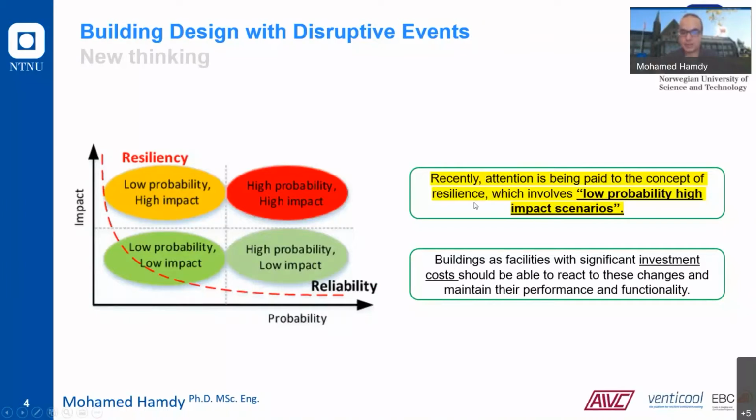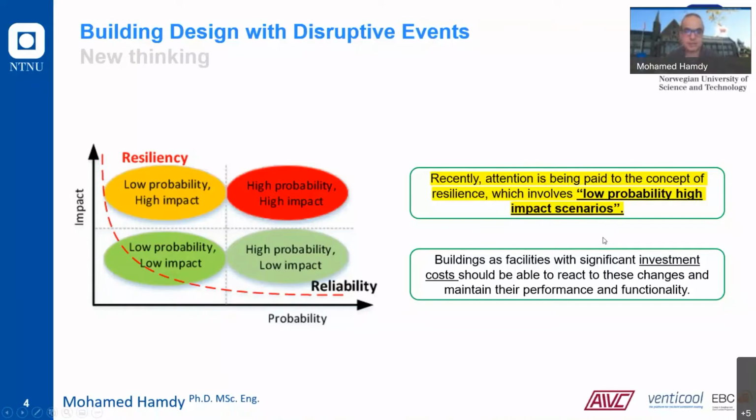So resilience, by definition, focuses on low probability and high impact scenarios. It's very important to be considered to save our investments, because a building is a big asset with a lot of investments.